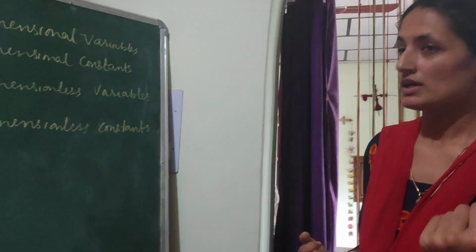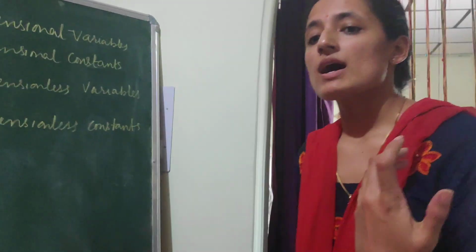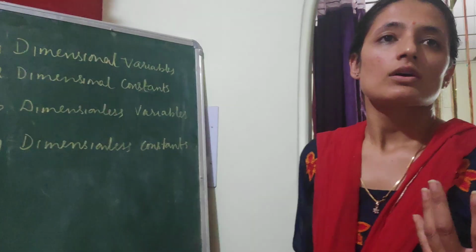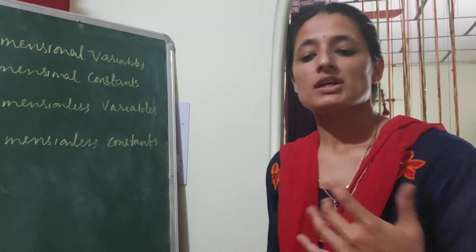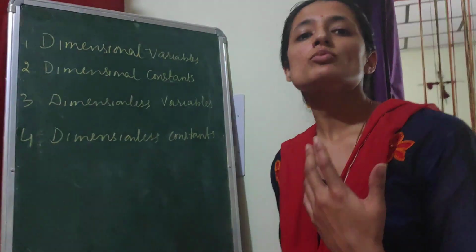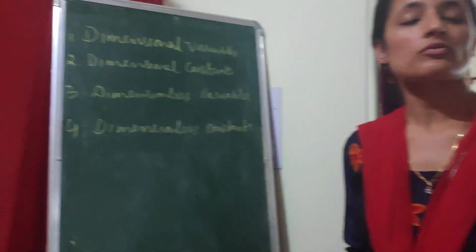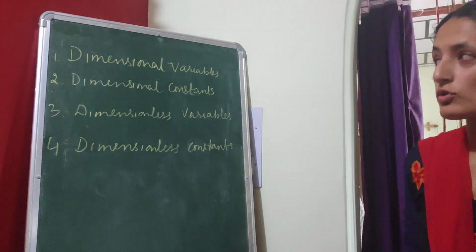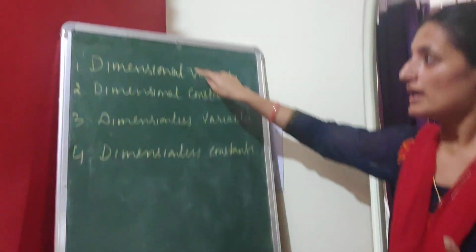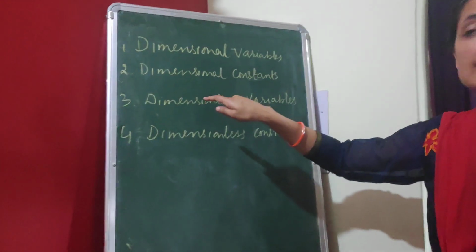That is a variable. If the mass of an object is 2 kg and acceleration is 2 meter per second square, then your force will be 4 Newton. So it is a variable, and force also has dimensions.